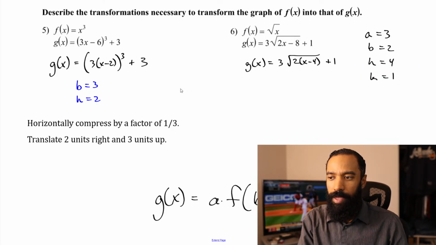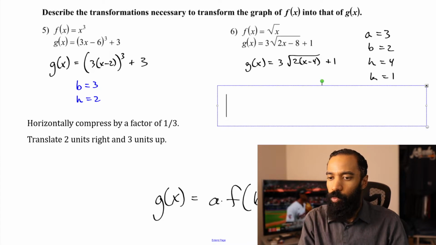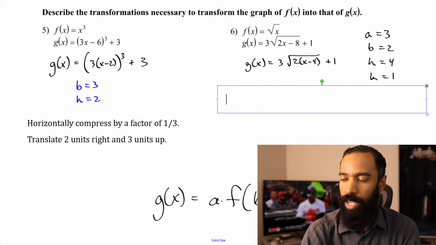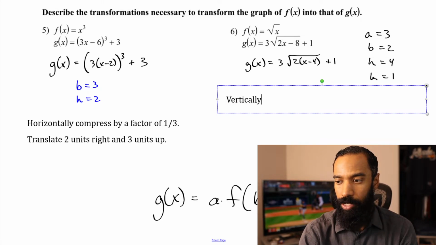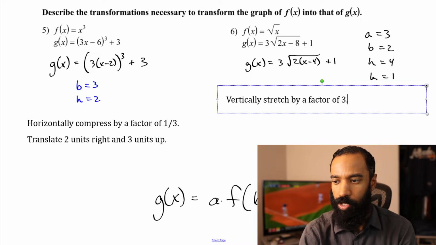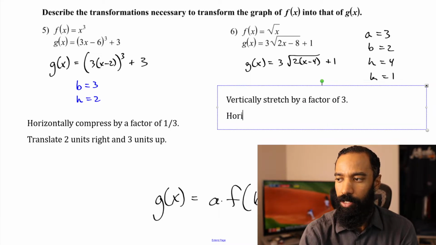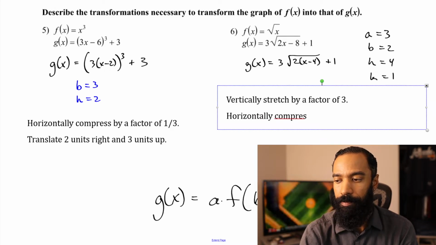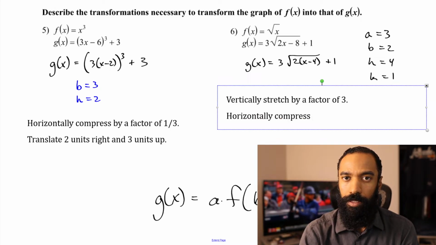So how do we describe that right there? We can say, first let's talk about a, then let's talk about b, then h, then k. Vertically stretch f of x by a factor of 3. It's going to be 3 times taller. Horizontally, again, compress. I'm sorry that these aren't too diverse here.